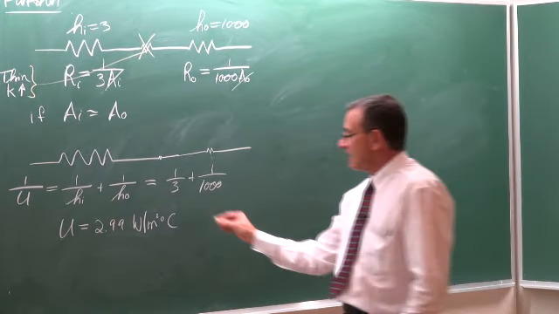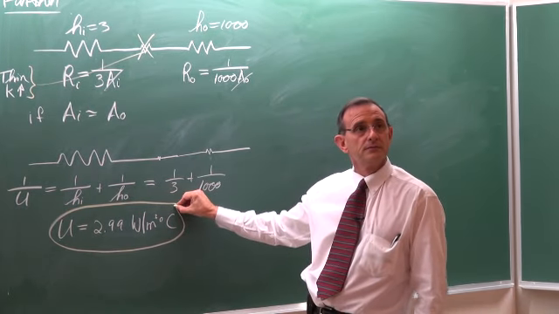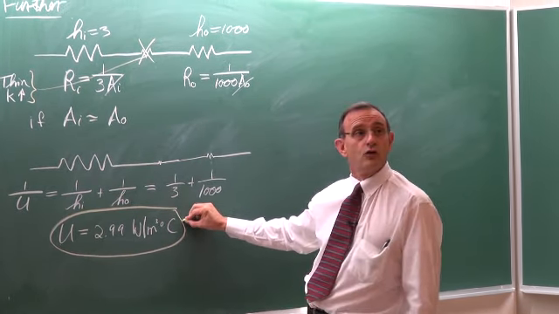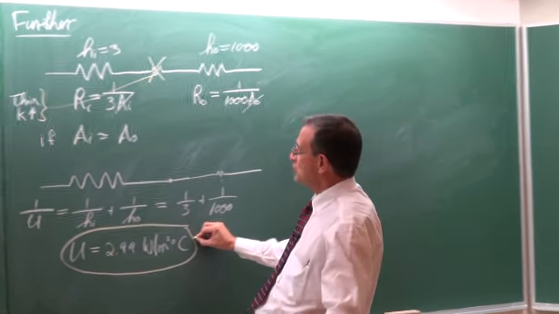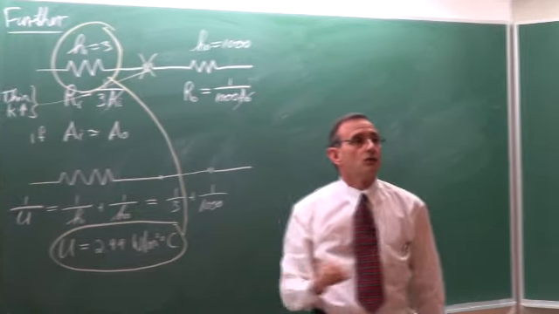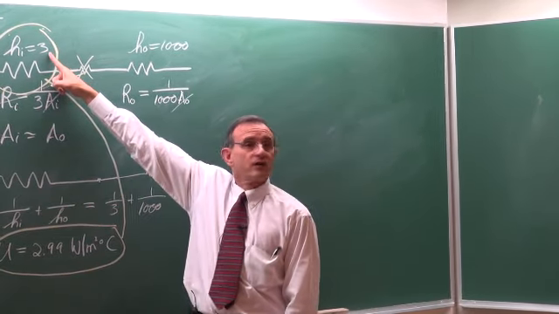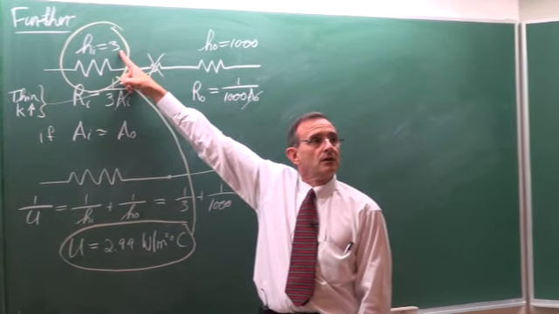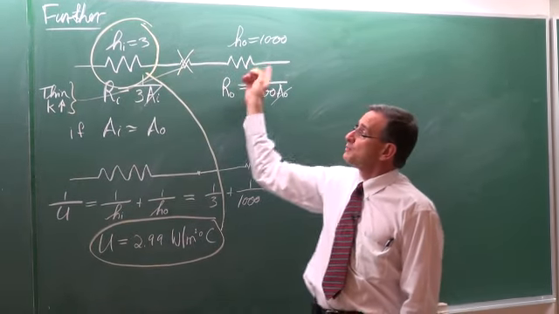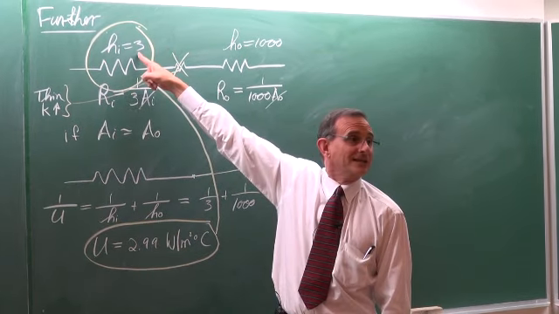It means that the overall heat transfer coefficient is approximately equal to the smallest resistance term, the smallest heat transfer coefficient. So if you've looked at this problem, you could have guessed the overall heat transfer coefficient is going to be 3.